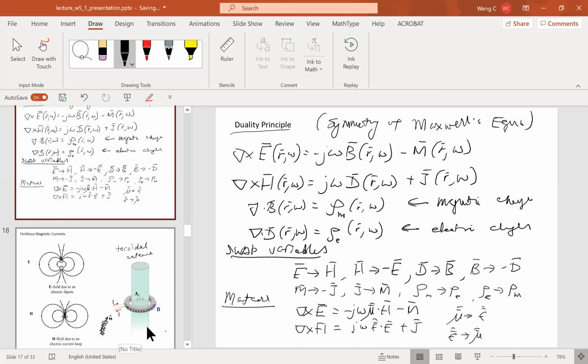Yeah, and most of the time, we don't have to worry about the sources. We worry about the field only. In this course, you only have to worry about cases where you have the field and no source. If you have sources, then you have to worry about how to construct them. Does that answer your question?